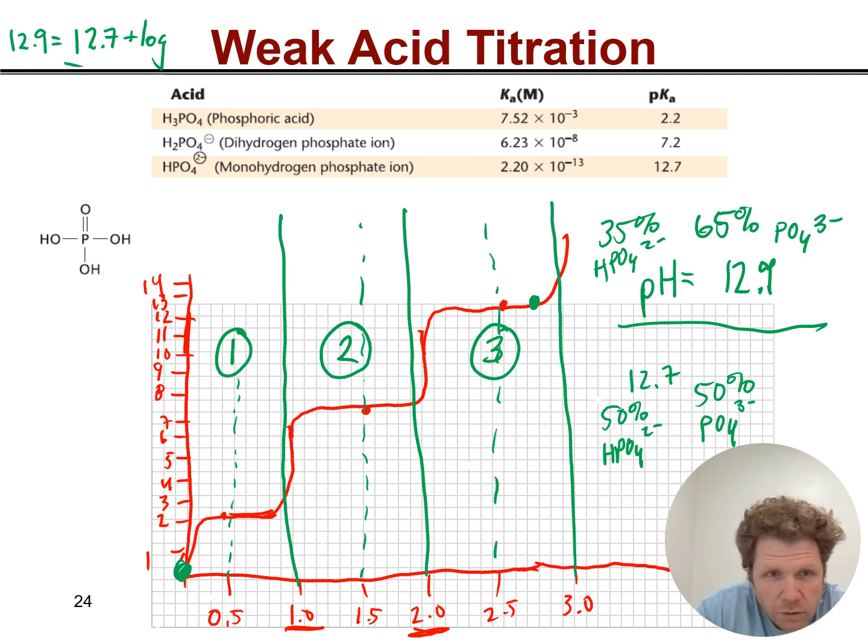So that's going to be pH minus 12.7, so 0.2 equals log of, and this would be A minus over HA.